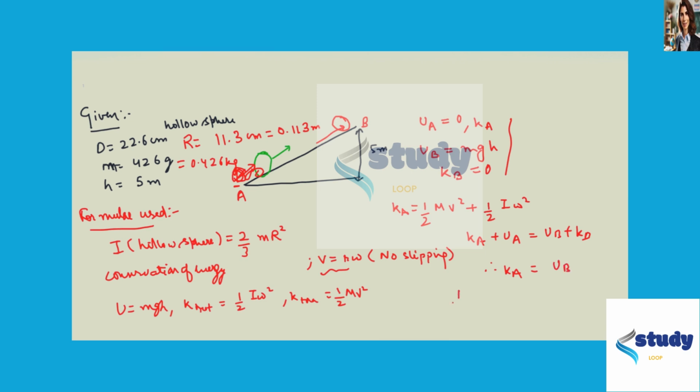So we have half mv squared plus half I, putting the value of I, which is 2/3 mr squared, times omega squared, equals mgh. The small m can be canceled.